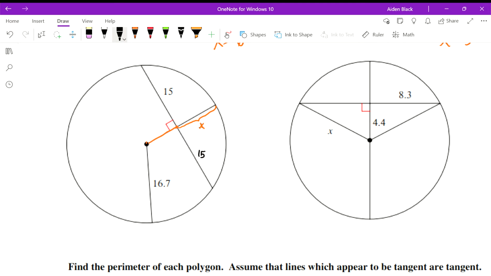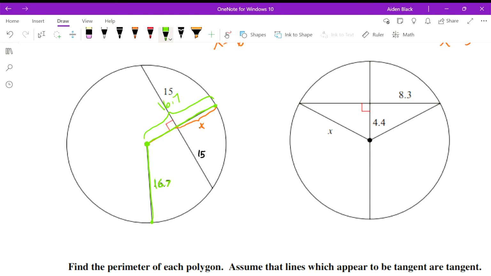And then we're also given the radius from the center to the circle, 16.7. So we also have a radius right here. This is 16.7, from the center all the way to the circle.